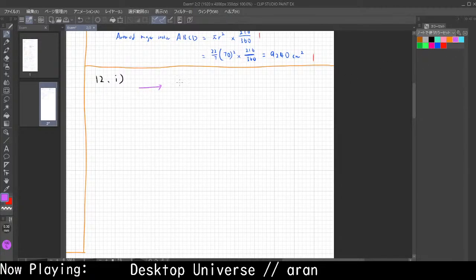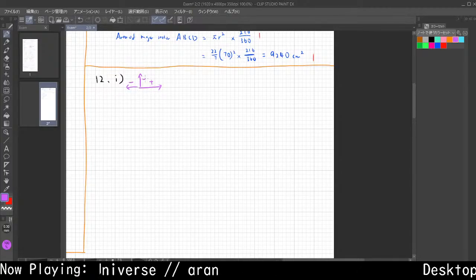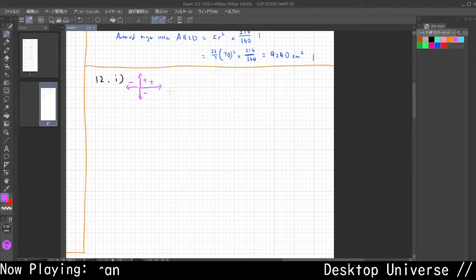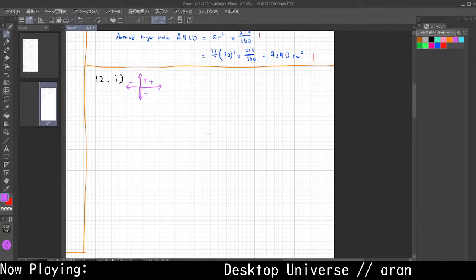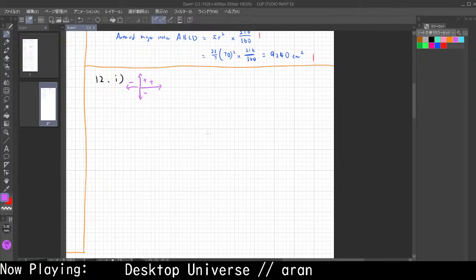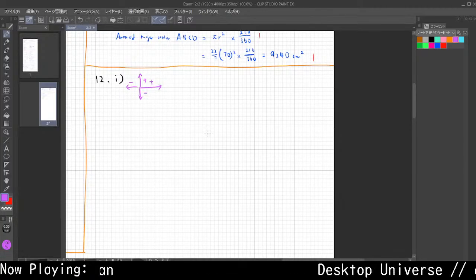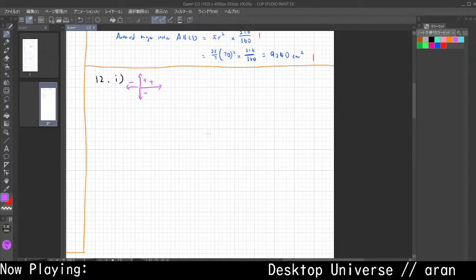If you are going to the right, you are positive, left is negative, up is positive, down is negative. Based on this, 2 on the top means that we move to the right 2 boxes, and -3 at the bottom means we move 3 units downward.